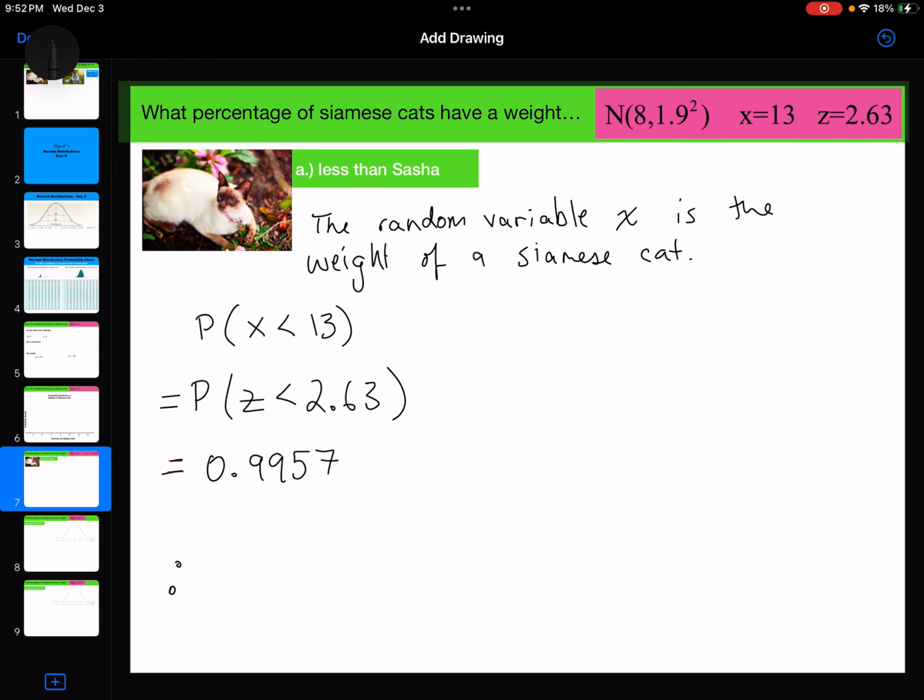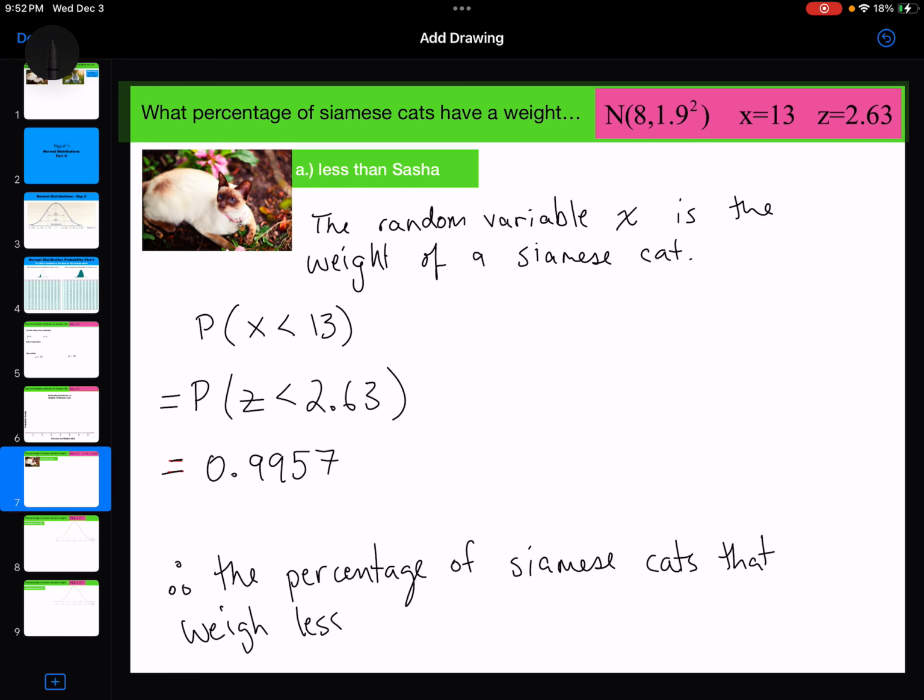So we can say, therefore, the percentage of cats, specifically Siamese cats, that weigh less than Sasha is 99.57%, 99.6%. Like, most Siamese cats weigh less than Sasha. Okay.